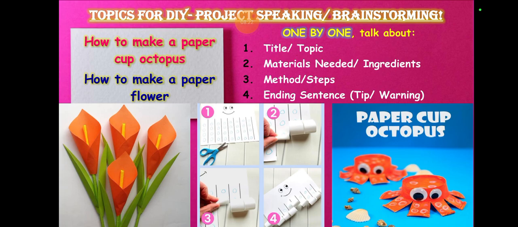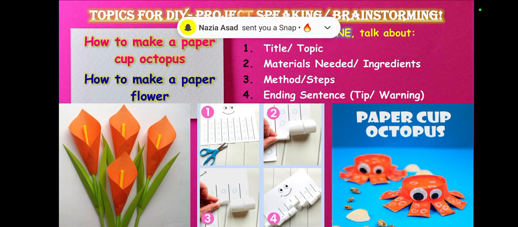What you can do is take an A4 size sheet. You can make a paper cup octopus, then remember all the things, or side by side write the things that you used, and then write a basic procedure of that.